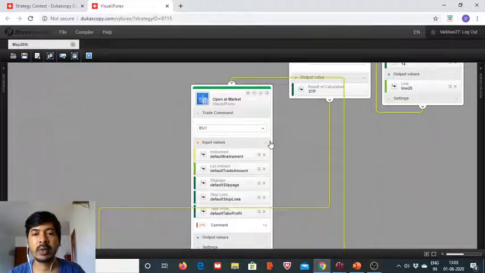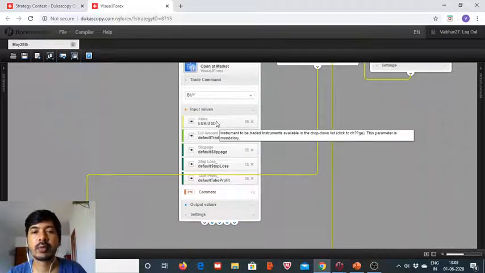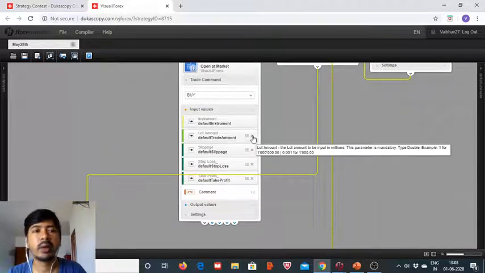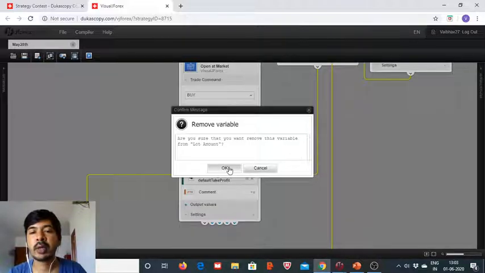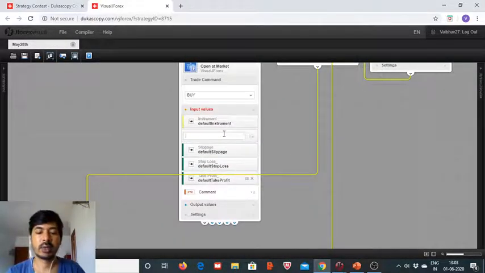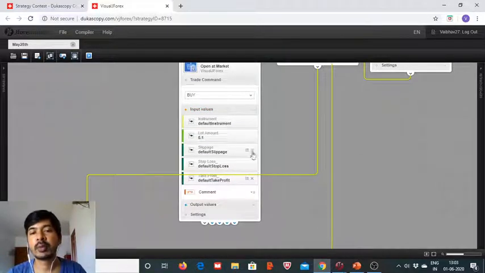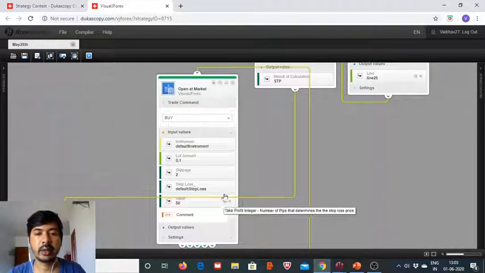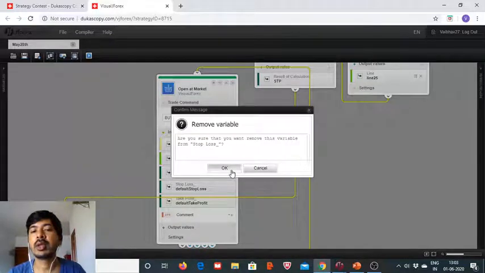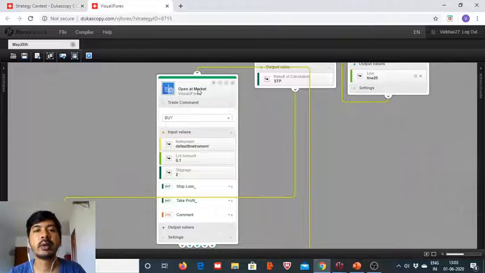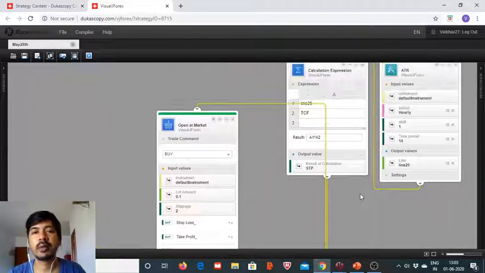Now we have to fill in default instrument, trade amount. We generally go with a 0.1 million lot size. The slippage of 2 pips is good enough. And for stop loss and take profit, we have done the calculation, so we will be using it straight away.